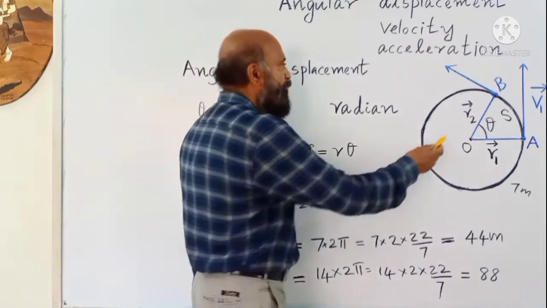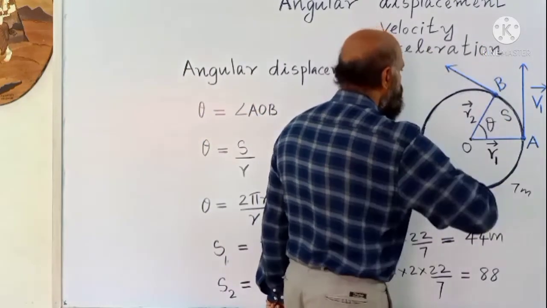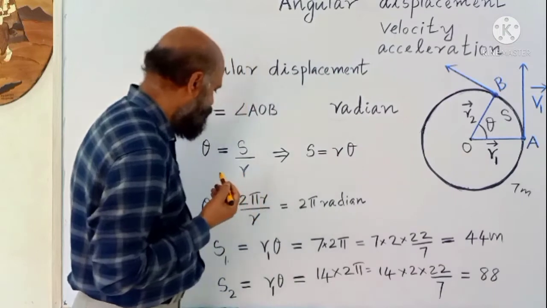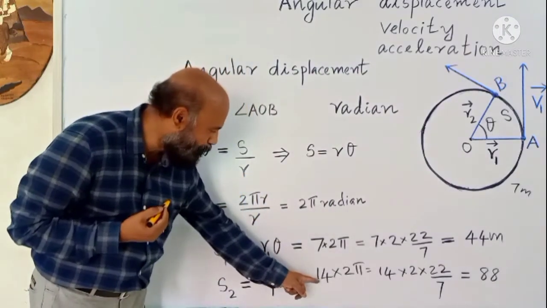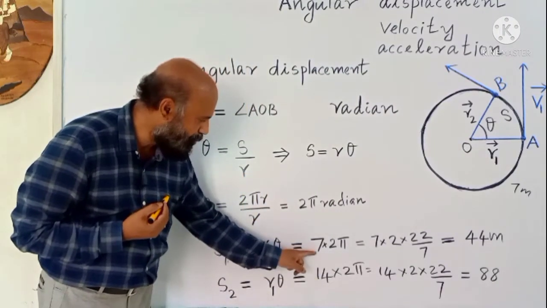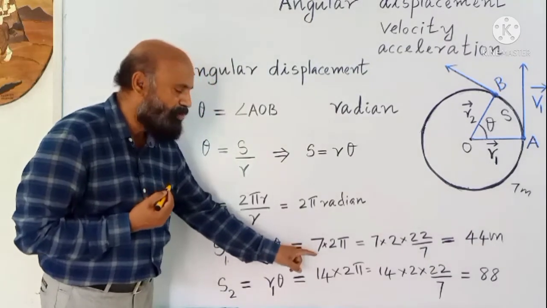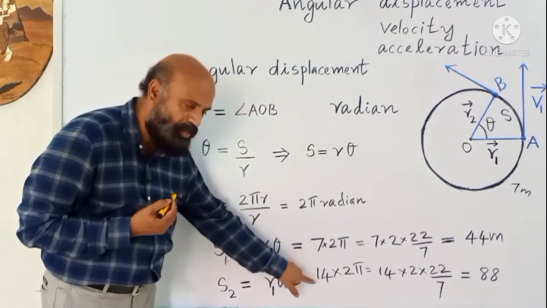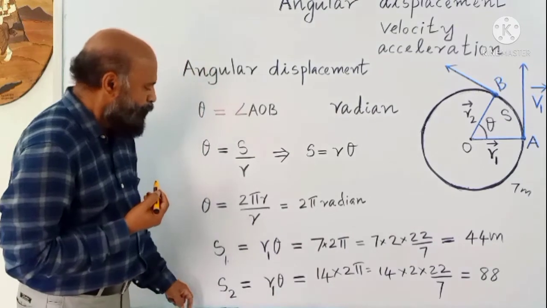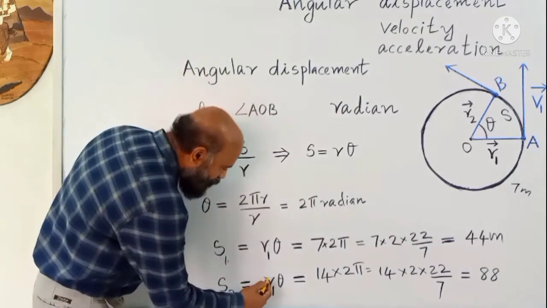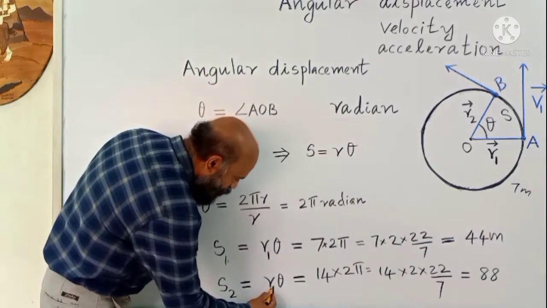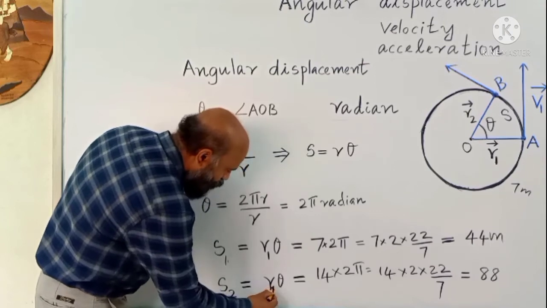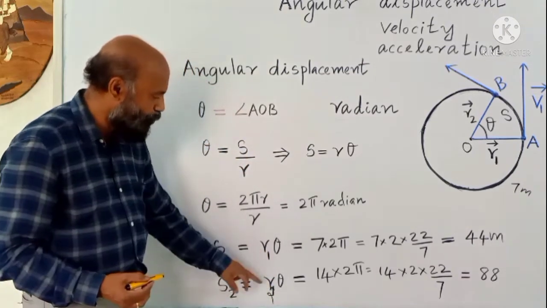Suppose another boy is running in a circle with radius 14 meter, double the radius. Here the first boy is running in a circular path of radius 7, the second boy is running in a circular path of 14. So now the radius is R2. The first one's radius is R1, the second radius more.